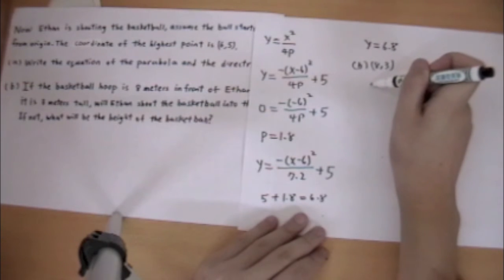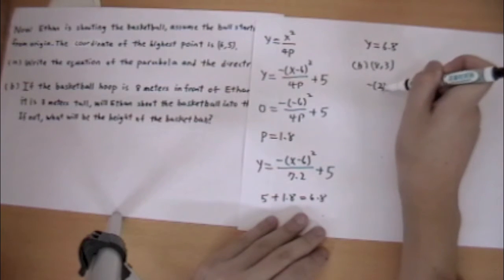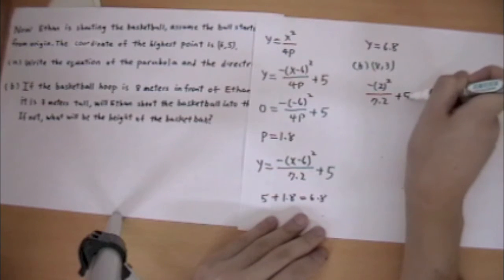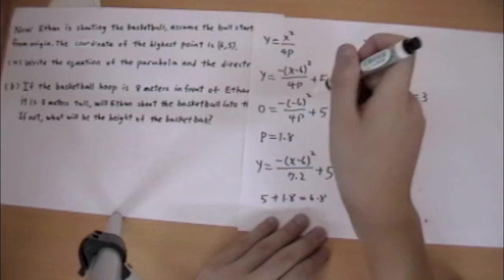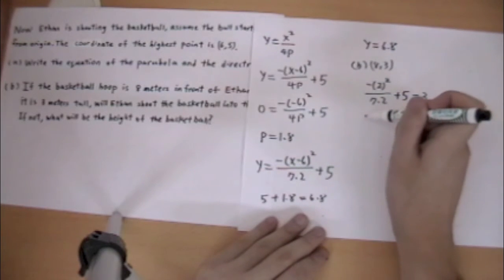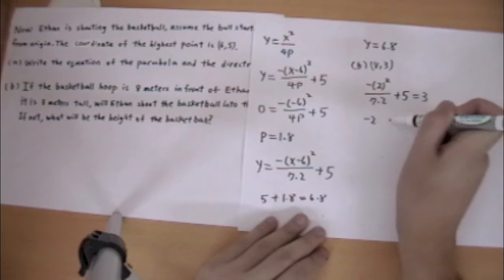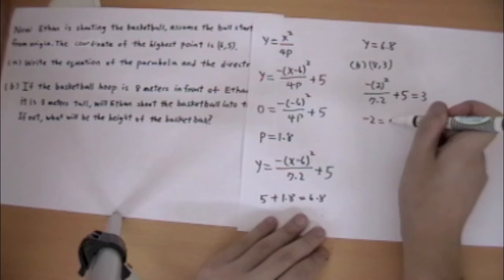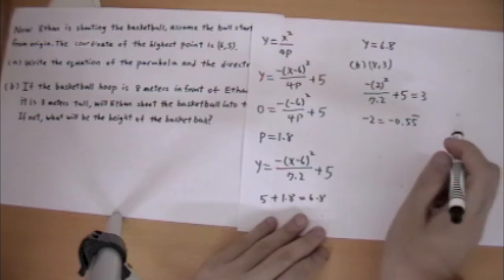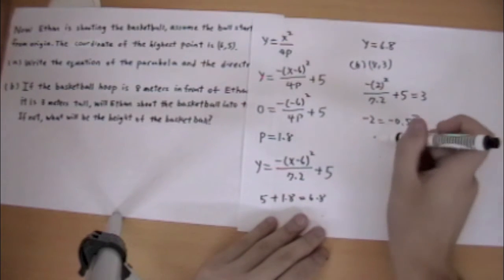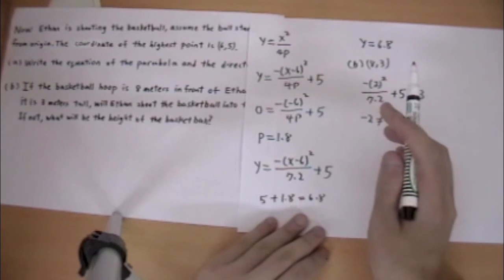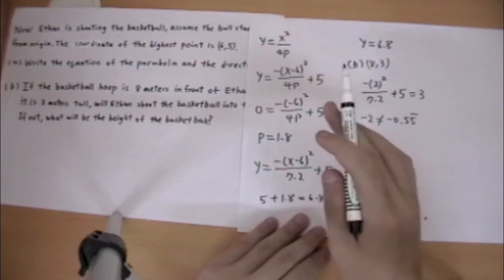We'll get negative 2 squared over 7.2 plus 5 equals 3. And after all the calculation, we get negative 2 equals negative 0.555555, which is not equal. So we can tell that the basketball won't go into the basketball hoop.